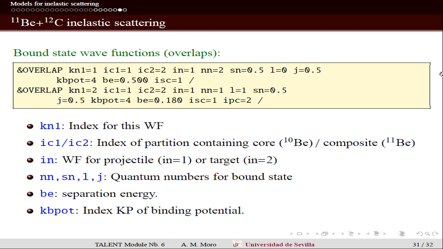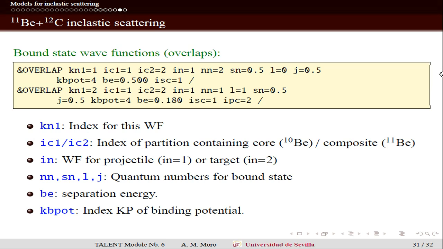After the potential namelist, you have this overlap namelist. This is called overlap because we can interpret this as a many-body overlap between a beryllium-11 wave function and a beryllium-10 wave function, in the sense that was introduced last week by Jeff and Ed. Remember, they have these overlaps, and these can be approximated by a sort of single particle wave function. So this is what is done here.